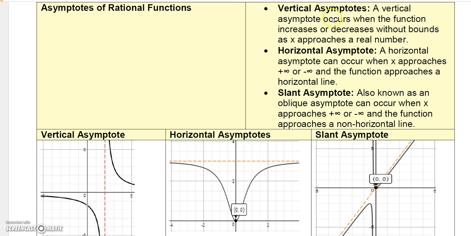A vertical asymptote occurs when the function either increases or decreases without bounds as x approaches some real number.